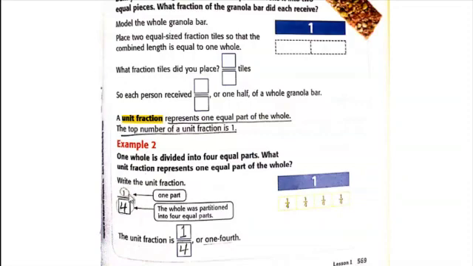If we talk about this 1 part, we will write a fraction with this shape. You took 1 part only, 1 out of 4. So this is called 1 out of 4, or 1/4.